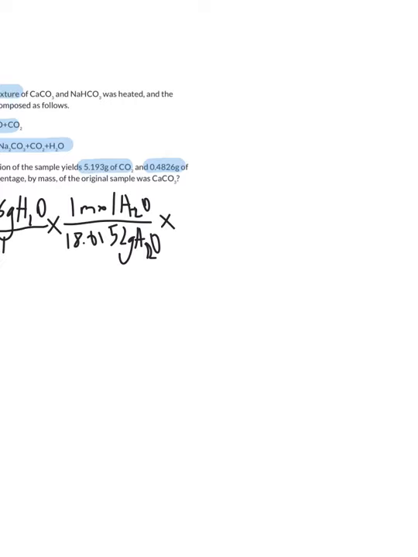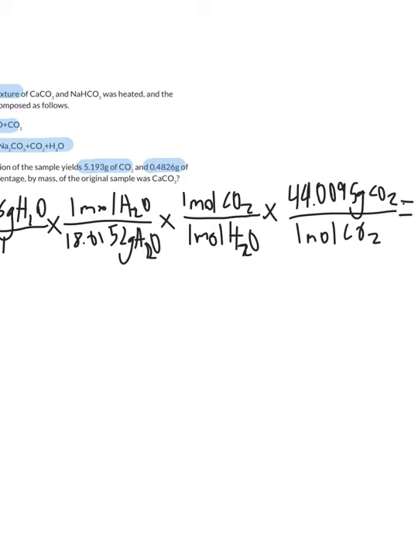So to start off, we need to find grams of CO2 made by NaHCO3. So we start with grams of H2O, then we convert from grams to moles of H2O, and then we know the 1-to-1 ratio of moles of H2O to moles of CO2, and then we convert from moles CO2 to grams of CO2.